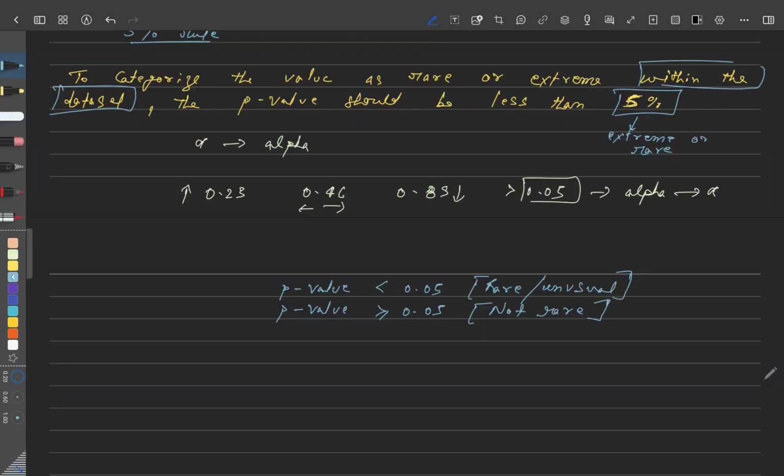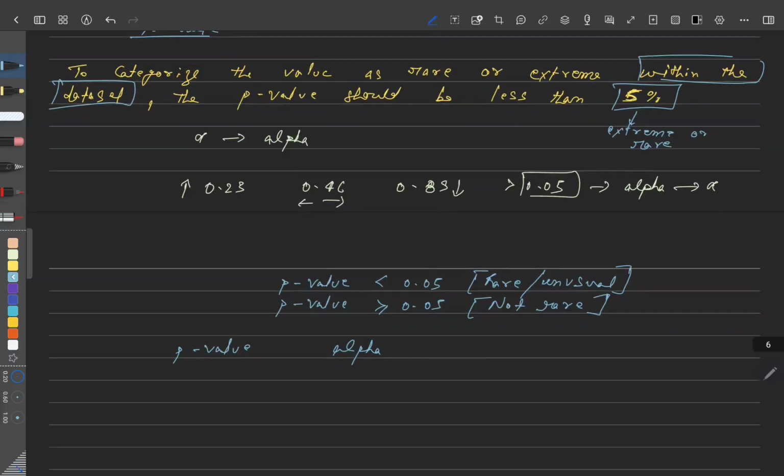So we'll extend this concept of p-value and alpha in our later videos in detail when we cover the concept of distributions. But for now, this should be enough to give you an idea of what p-value is, what it does, and when to use it. When you want to find out how rare or extreme your reference value is compared to the other values in the dataset, you should calculate the p-value.